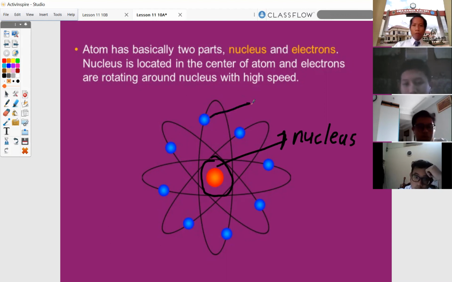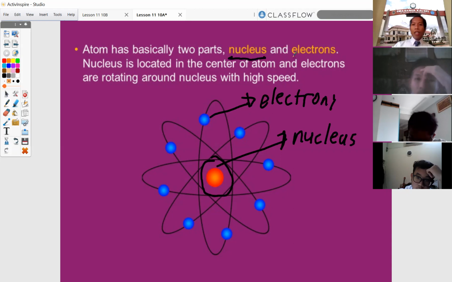This blue particle, and don't think the electron color is blue, this is just illustration, is called the electron. So there are two main parts, the nucleus and the electrons. The nucleus is in the center of the atom, and electrons are rotating around the nucleus at very high speed. So actually the electrons are moving.